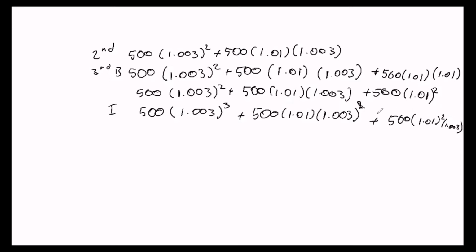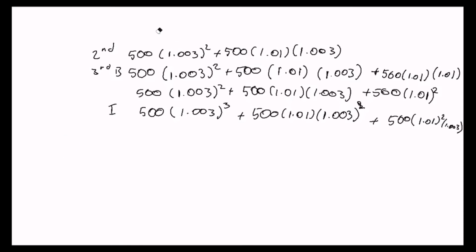Yeah. So this is going to continue on each time. Notice how we're adding on a new term, and this term is increasing by 1.01 each time. So for, let's say, T60, actually, I'll use A and you'll see why.